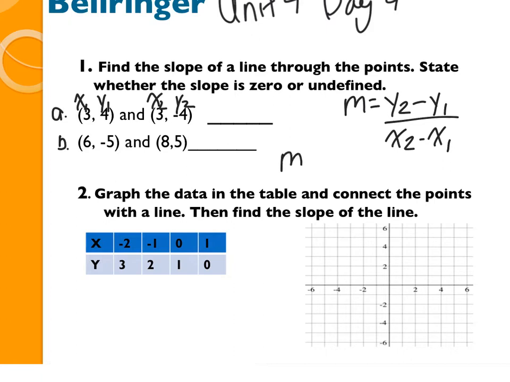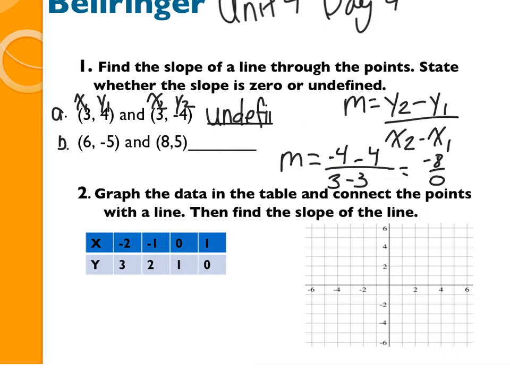So m equals y2, negative 4, minus y1, which is 4, over 3 minus 3. Negative 4 minus 4 gives me negative 8 over 0. I cannot divide by 0, so my answer is undefined.